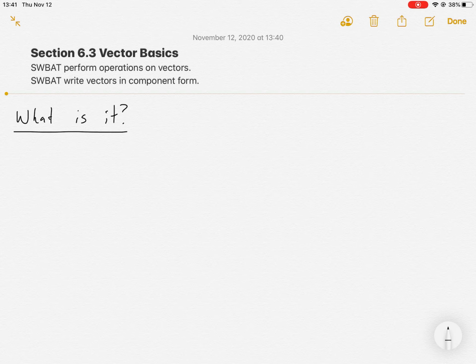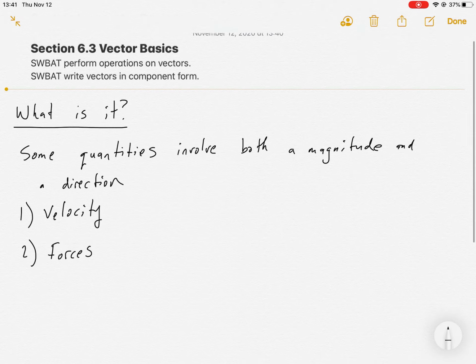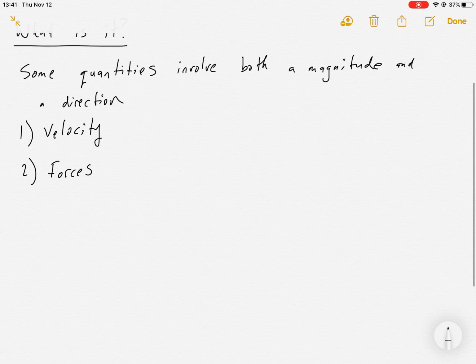The idea behind a vector is that some quantities will involve both a magnitude and a direction. Some examples might be velocity, which you might have seen, and forces are two pretty common examples. If you're in physics, you probably know exactly what I'm talking about.